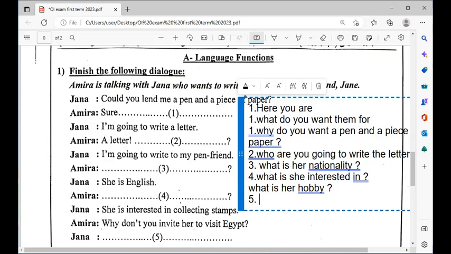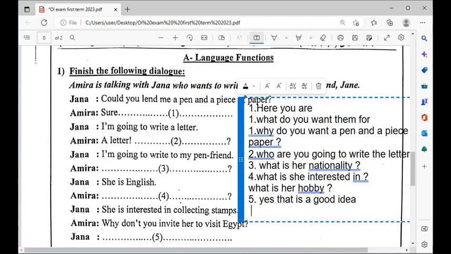Number five, why don't you invite her to visit Egypt? Here, this is a suggestion from Amira. So you can say, yes, that's a good idea. Or you can say, sure, I will do that soon.